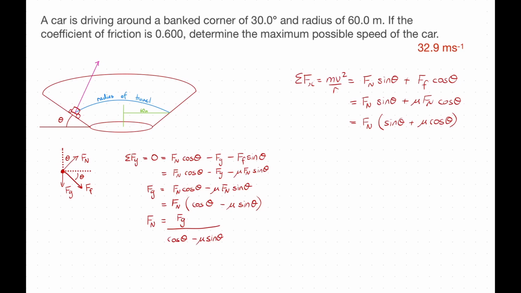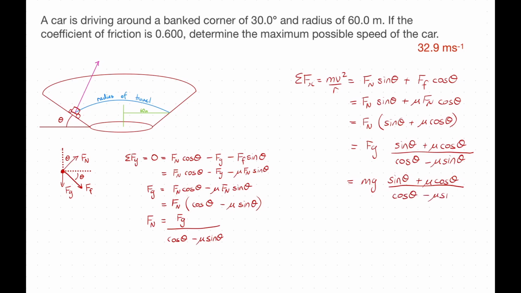I now have a value though for Fn from my sum of the forces in the y, so I'm going to grab this value down here and plug it into that one up there. So I now get my force due to gravity, and I'm going to have sine theta plus mu cos theta divided by my cos theta minus mu sine theta. From that, I can substitute in my force of gravity, which is mass times gravity. So I get mg sine theta plus mu cos theta divided through by cos theta minus mu sine theta.